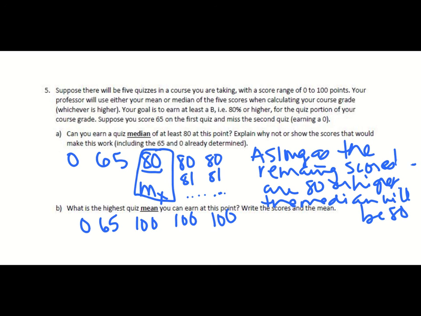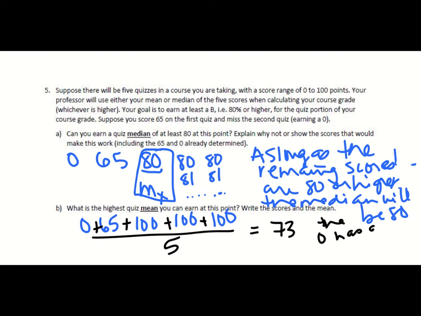If I got hundreds on everything else and I divided by 5, the highest I could possibly get is a 73 average. So the 0 has a big effect on your average. So the median in this case would be a better grade, the average would not.